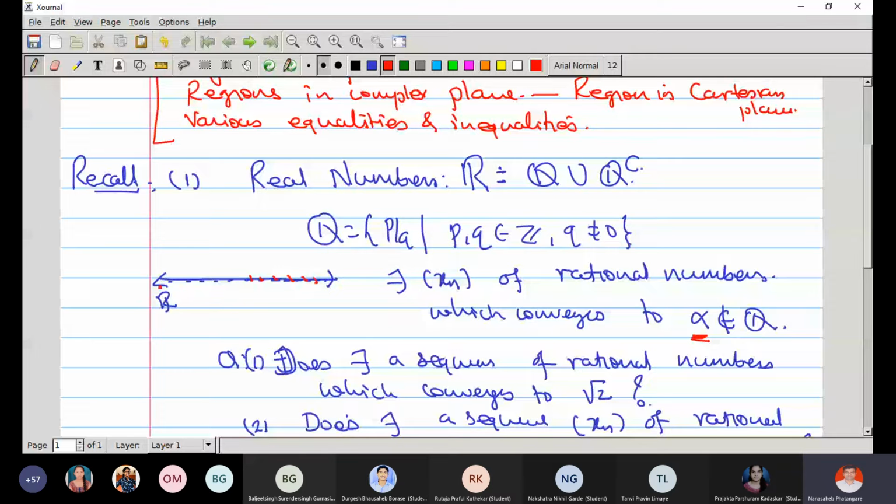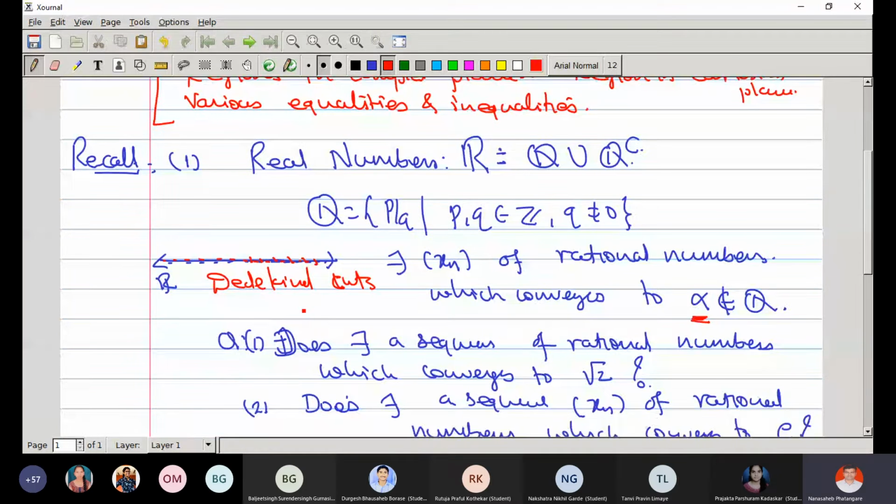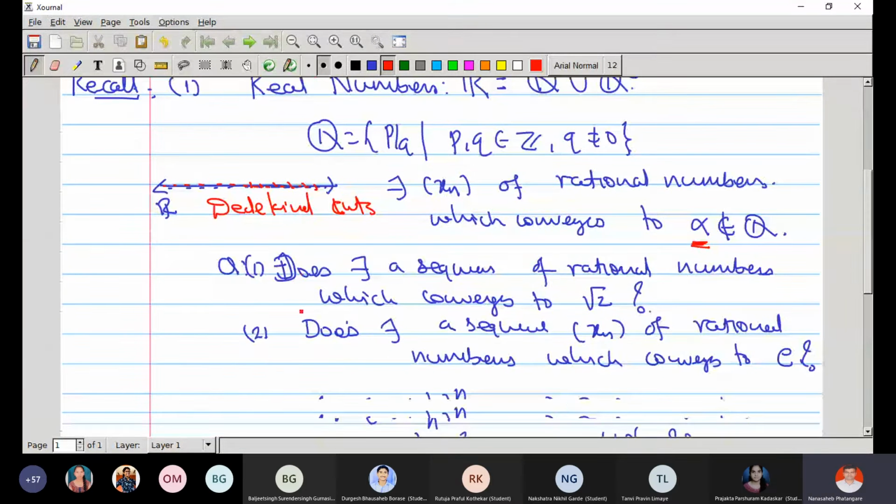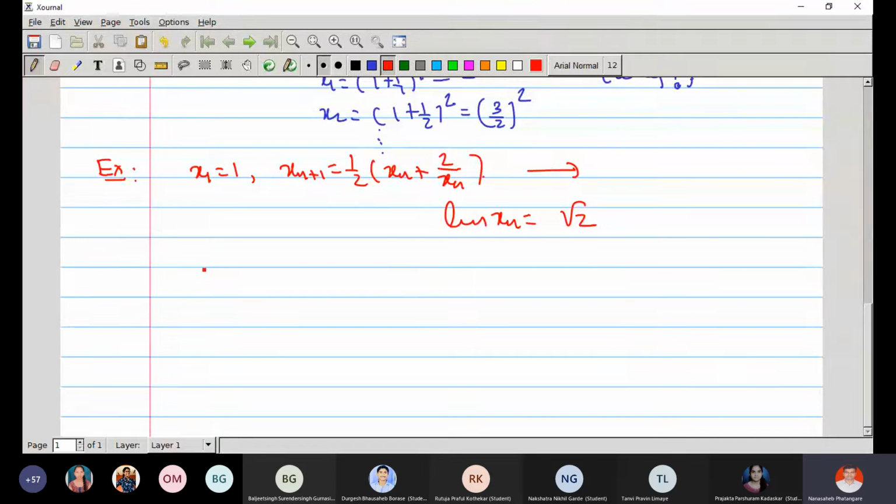Initially there were gaps called Dedekind cuts. Richard Dedekind was a mathematician and he found that only rational numbers will not fill up the line. In that way, the system of real numbers becomes perfect and complete. Right? What are the properties? A basic property of real numbers is the order property.